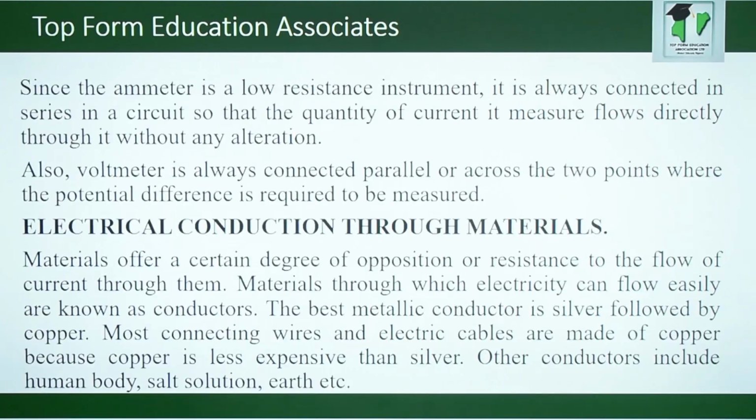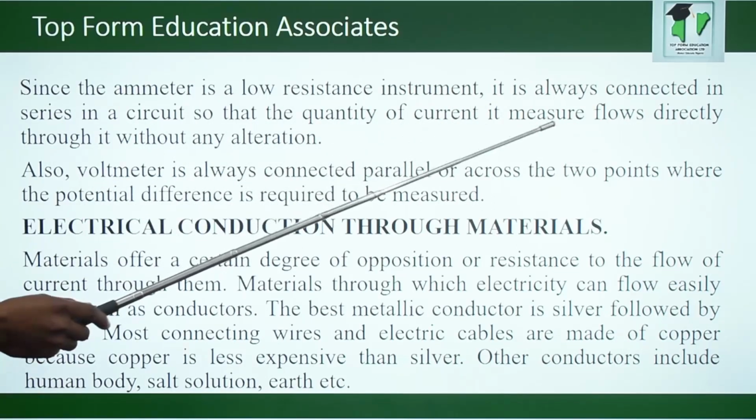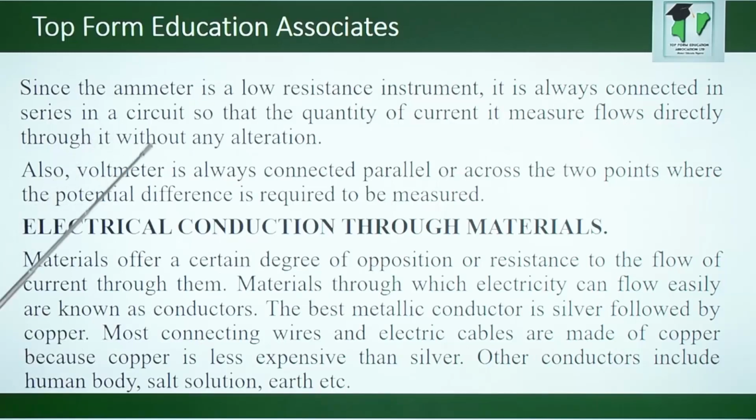Is that clear? Since the ammeter is a low resistance instrument, it is always connected in series in a circuit, so that the quantity of current it measures flows directly through it without any alteration. It is connected after the battery, and it is of low resistance.